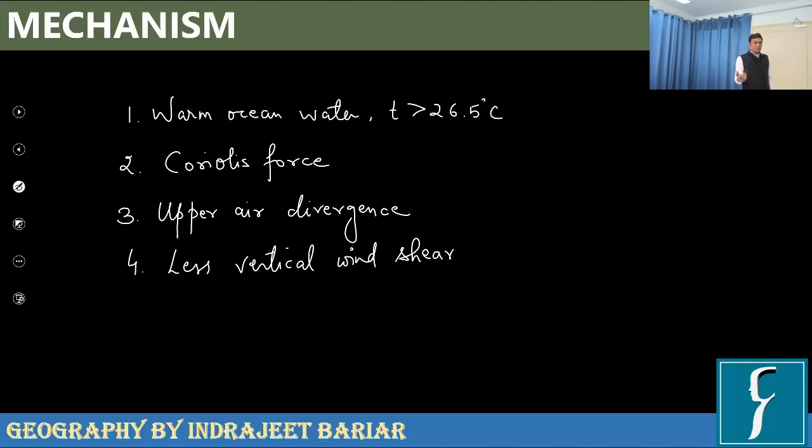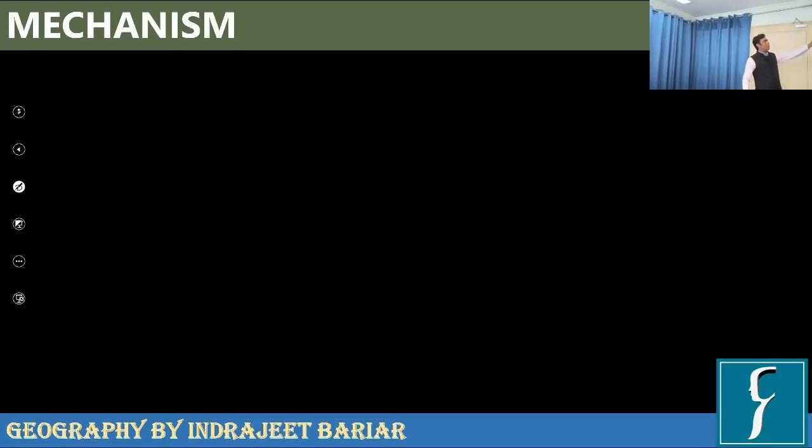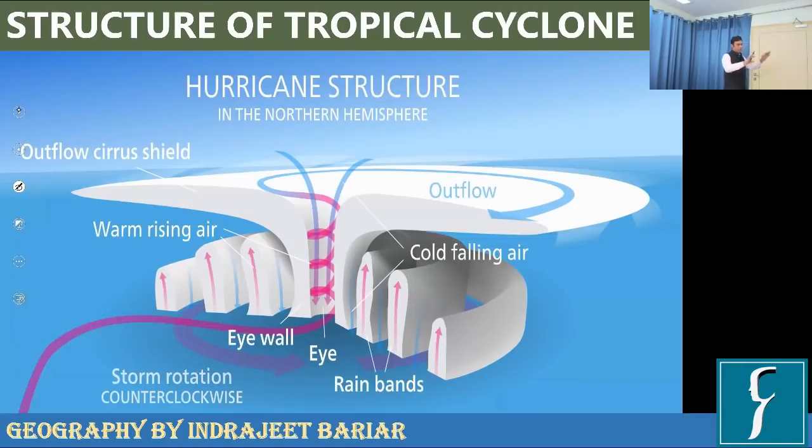Now in the whole of this system, if we talk about the structure, how this tropical cyclone overall looks like. So in the case of the structure of a tropical cyclone, you can see over here how and what happens.